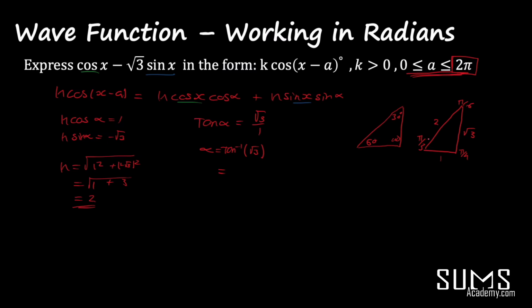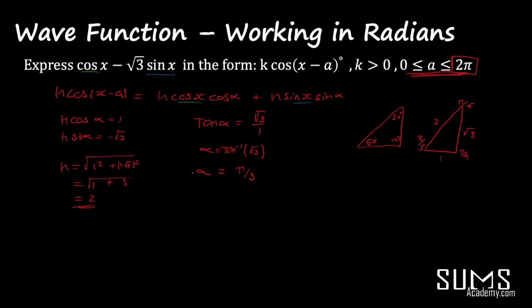So what angle is going to give us tan equal to root 3 over 1? We want that on top, so opposite over adjacent, so that's going to be pi over 3, isn't it? Pi over 3 with alpha.